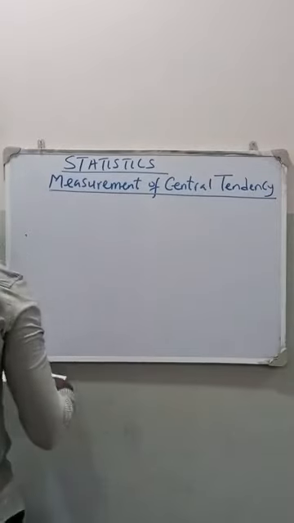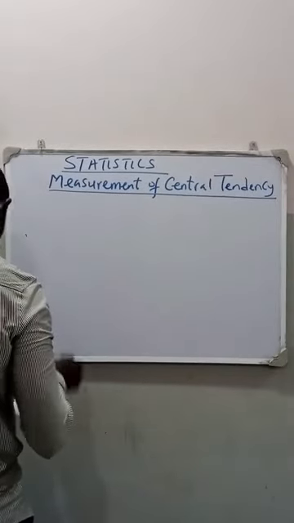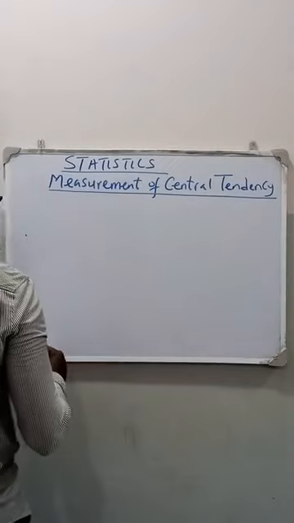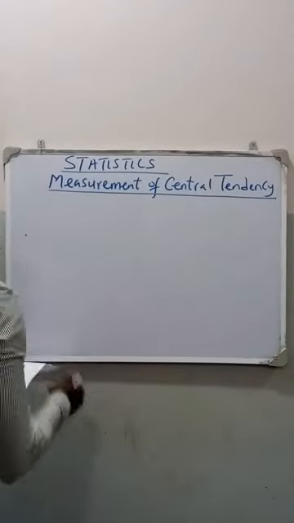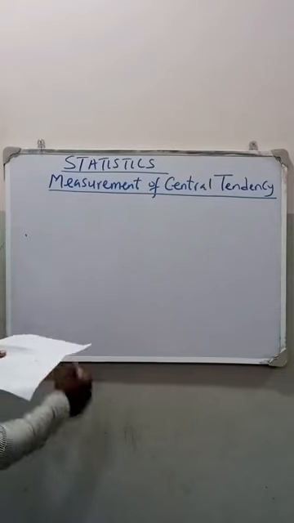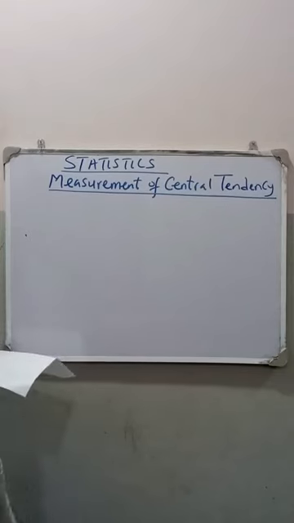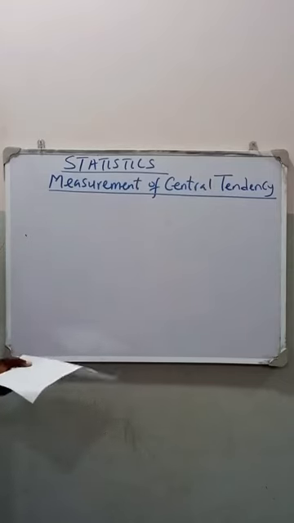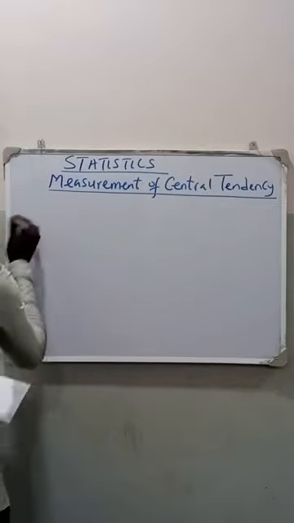For instance, let's look at this. The following is the frequency distribution of the number of phone calls received in 25 successive 1 minute intervals at an exchange. So look at the table.